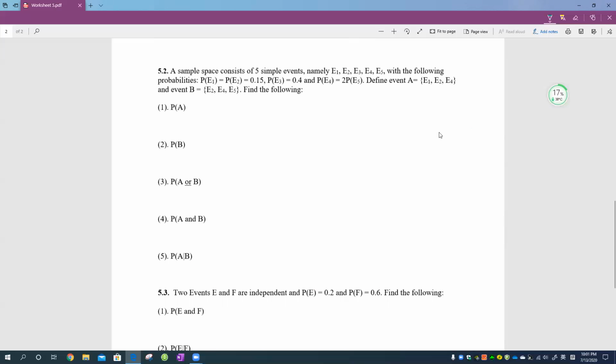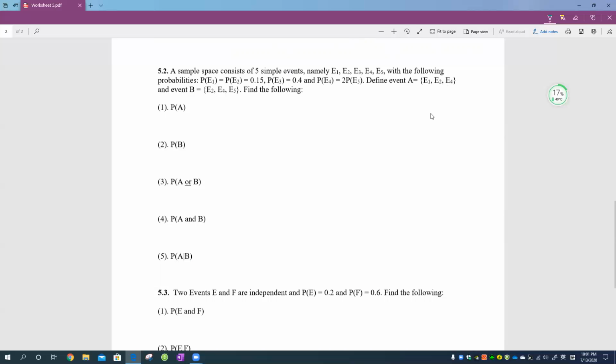So probability of A. So probability of A equals what? So A consists of E1, E2, E4, and they're all simple events. Simple events means they cannot break down anymore. So E1, E2, E4, they're mutually exclusive.